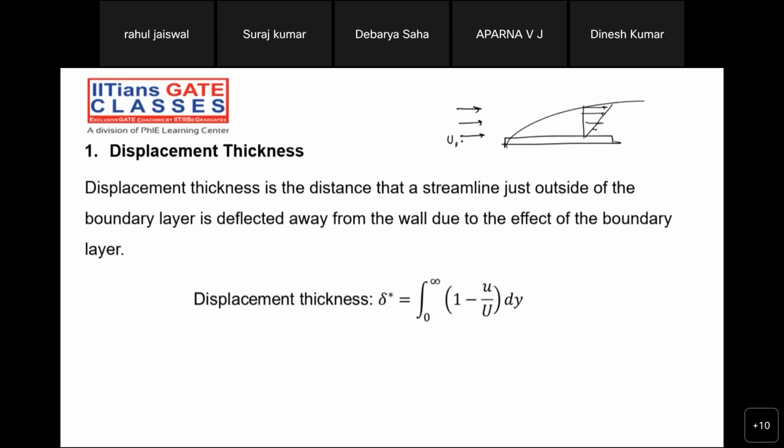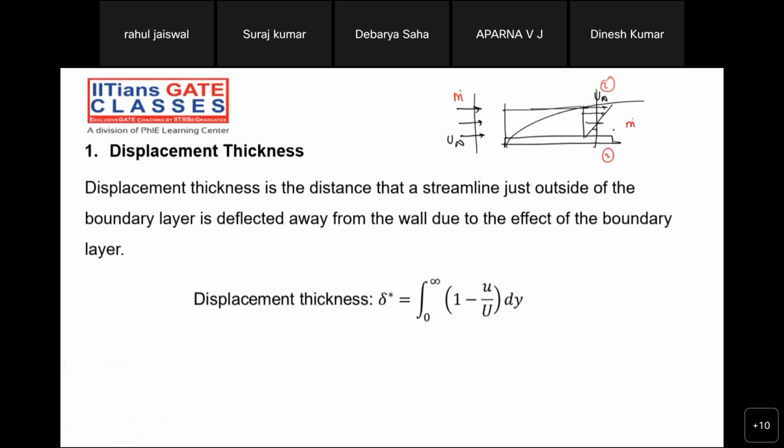The moment there is a reduction in the mass flow rate, what is happening? The mass has to be somewhere. Mass cannot go anywhere. If there is a mass flow rate m dot at this section 1, at section 2 also there has to be a mass flow rate of m dot only.